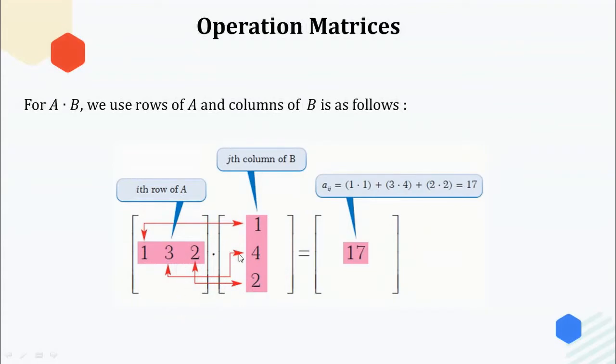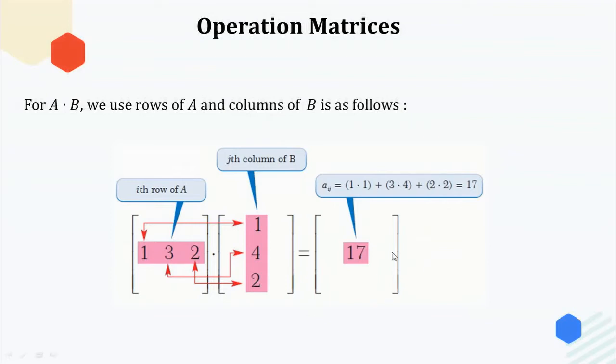How about matrix B? Matrix B has three rows but one column, right? So 3 by 1. From A to B, they have 1 by 3 and 3 by 1, so they have the same 3 and 3, so we can cancel 3 with 3, and the result will be a 1 by 1 matrix.